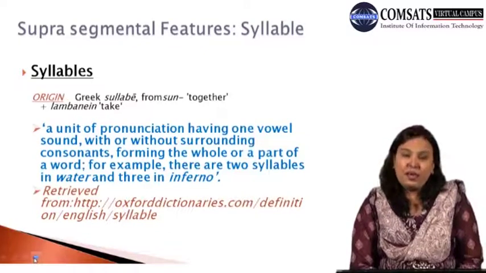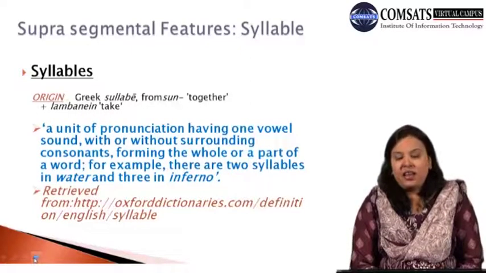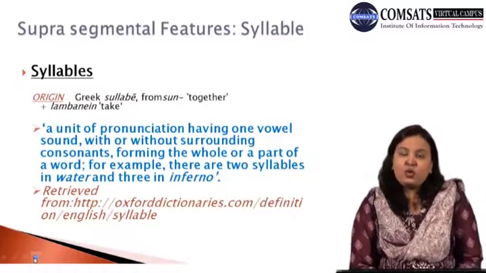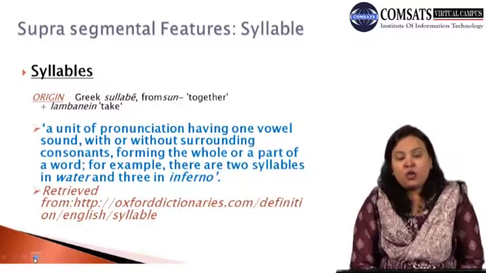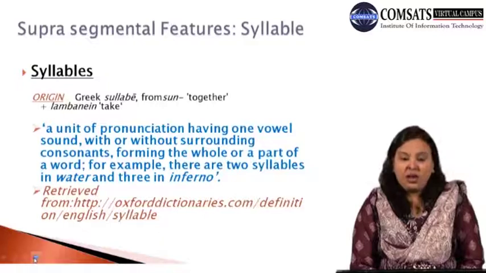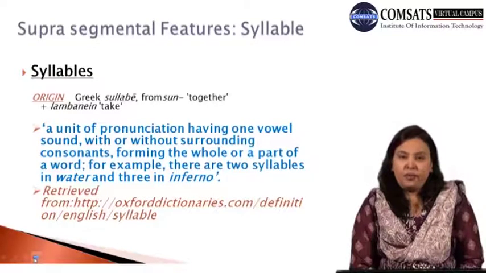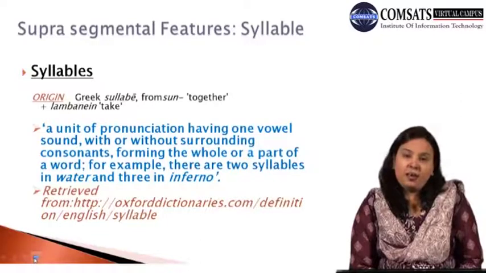What is a syllable? The word syllable has a Greek origin which means together. So the word syllable means something which exists together. A unit of pronunciation having one vowel sound, with or without surrounding consonants, forming whole or part of a word, is known as a syllable.